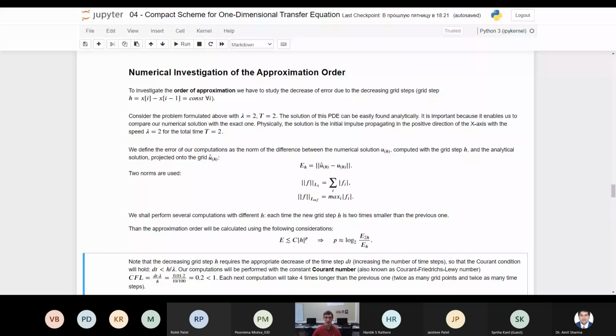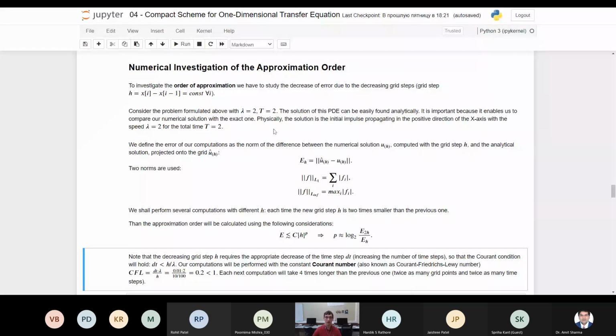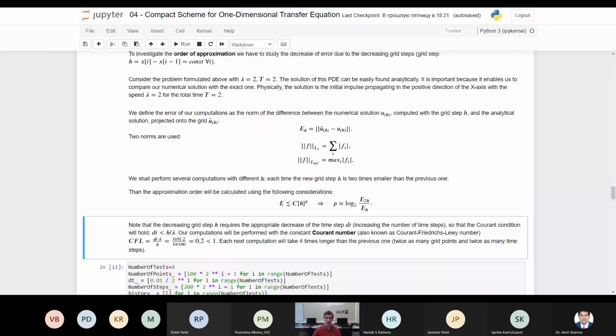Then we run a series of computations with the same scheme, but decreasing grid steps and time steps. Then we take a look at how the errors are changing and calculate the approximate numerical order of convergence.